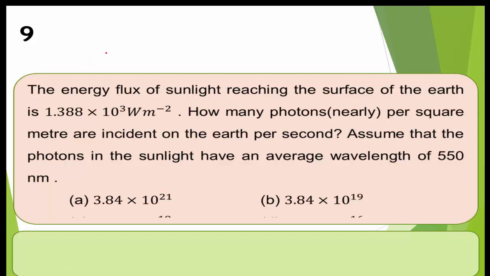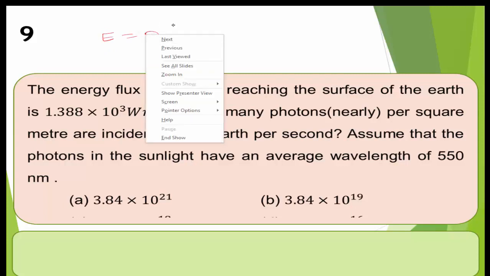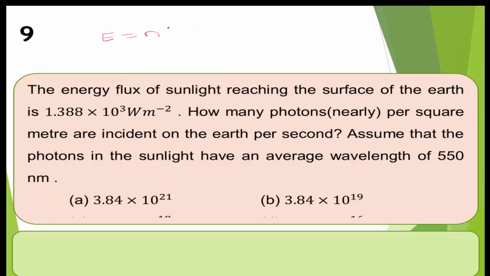You know the formula: E is equal to n hc divided by lambda. But here hc divided by lambda is equal to n. When you substitute the Planck's constant, velocity of light and wavelength value, you get option A as the right answer. It is a very lengthy problem.